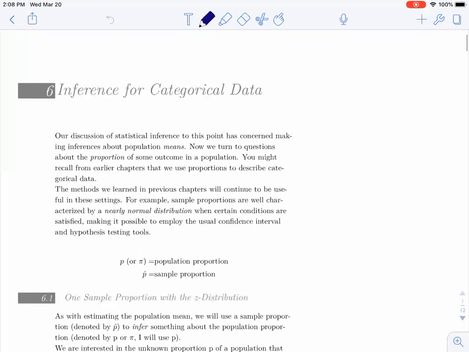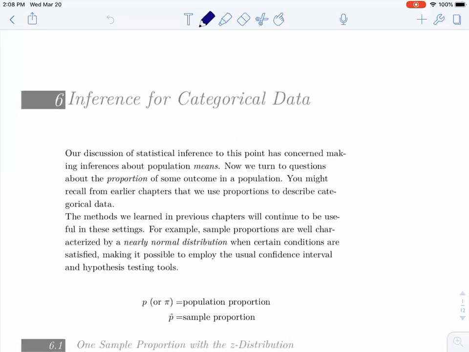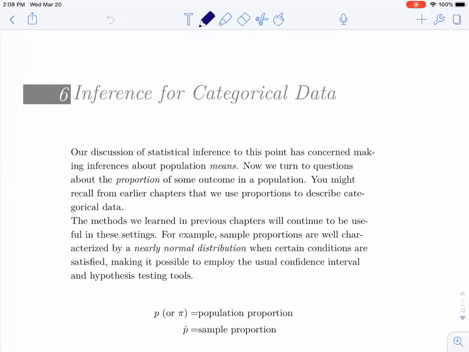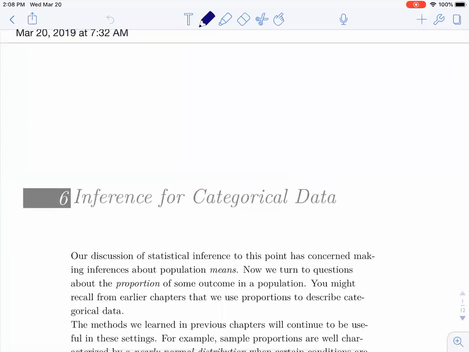So, when we're talking about all these different types of questions, for chapter 5 as a whole, I'll call them means questions.